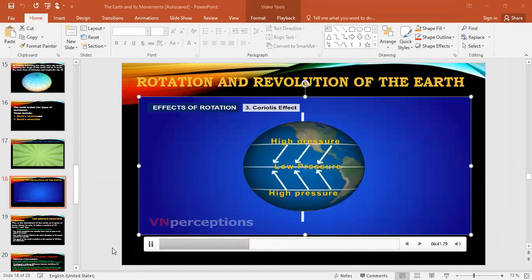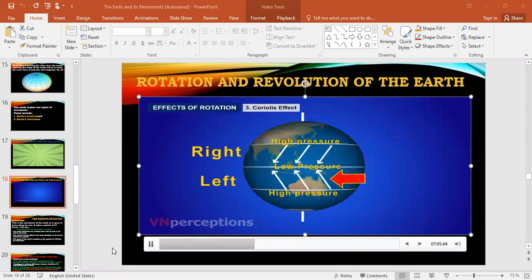Now, when the wind is moving on the surface of the earth, the wind bends. The wind bends because the earth is rotating at a great speed. In the southern hemisphere, the wind will bend towards left, and in the northern hemisphere, the wind bends towards right. Now, when you look at these arrows, it is very clear that they are bending towards left.